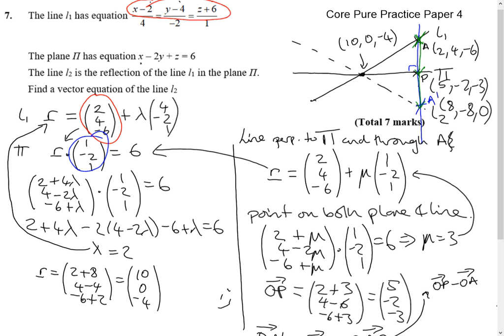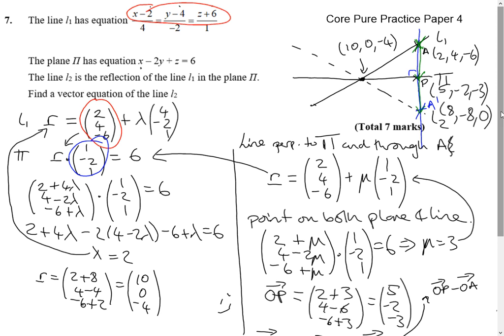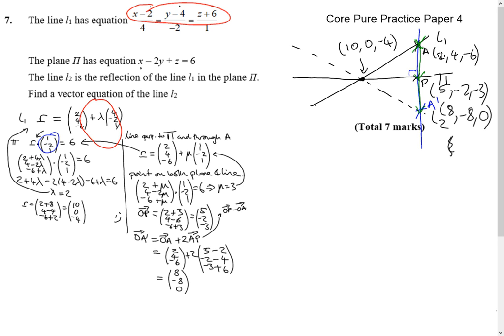So what I was trying to do was find the equation of line 2. I've made that a bit smaller so we've got a bit more room. So we want line 2.